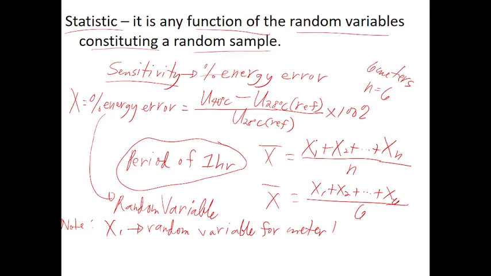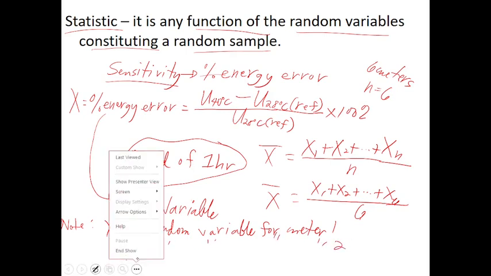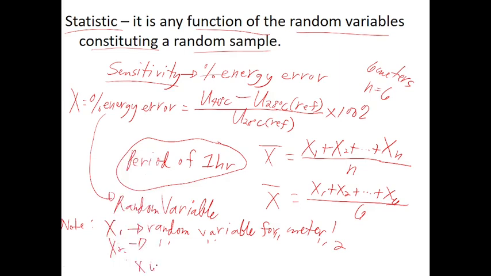So this can vary, depending on the meter that we have selected. So x sub 1 is the random variable for meter 1. Then x sub 2, random variable for meter 2. And until we reach x sub 6, random variable for meter 6.